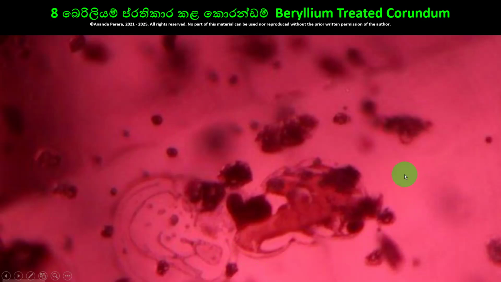Beryllium corundum. This one also. See the beryllium treated inclusion. All the inclusions here also altered by the high heat and the diffuse. Beryllium diffusion.